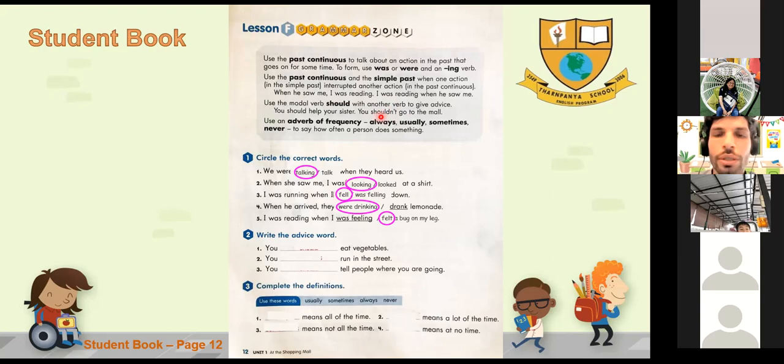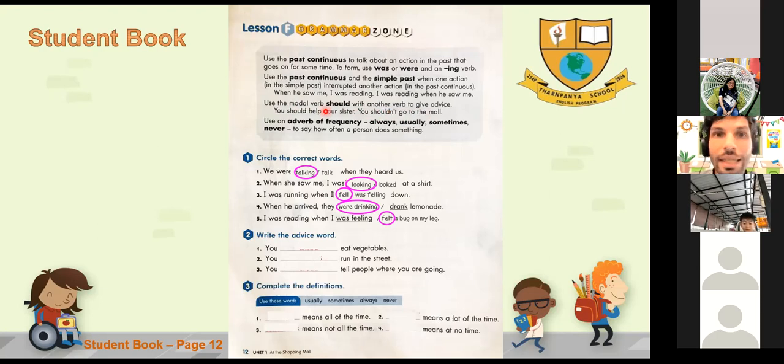You shouldn't or you should not go to the mall. Again, we use the modal verb should with another verb to give advice. For example, it's cold outside, you should bring a jacket. It's raining outside, you should take your umbrella.